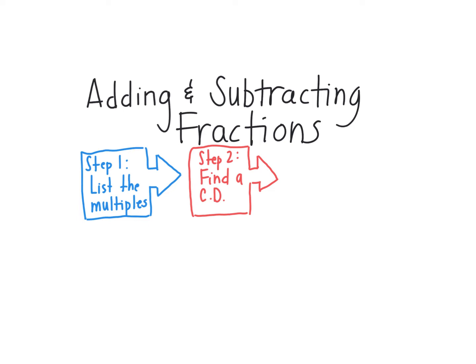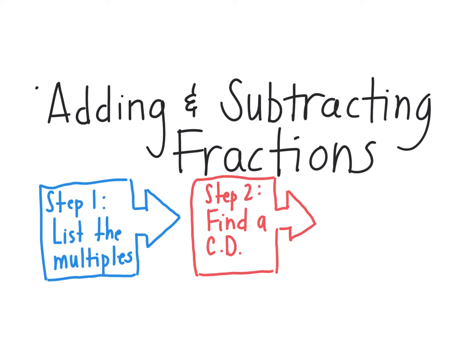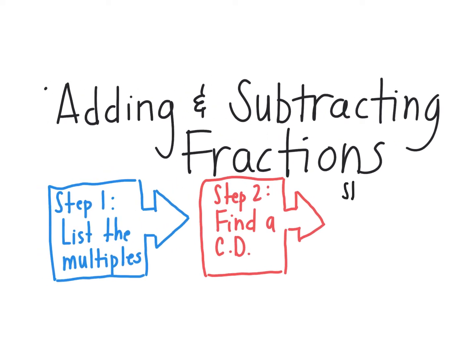Okay. The next thing we are going to do is something that we did before. And this is, let me get a different color. We, for step three, are going to transform the fractions.